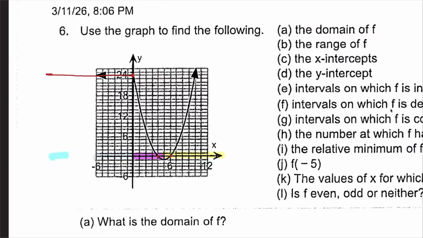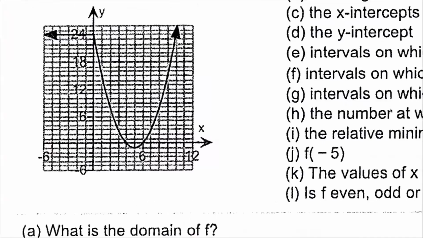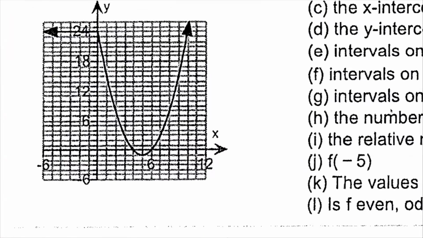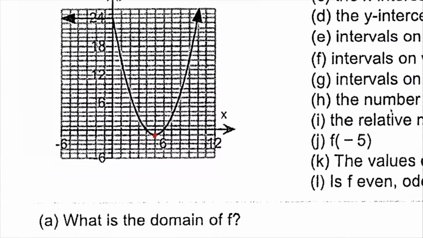Let me erase all of my fine work here. Find the lowest point on the graph. And that's this point down here. Identify the x and y values for that point. Well, that is 1, 2, 3, 4, 5. X is 5. Y is -1 at that point.